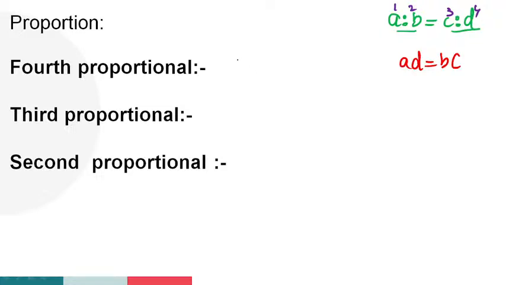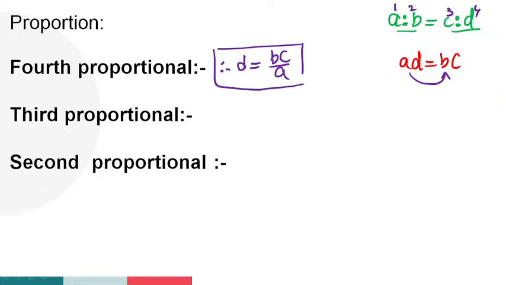So the fourth proportion formula: D is equal to BC by A. For example, the question is like this: 2, 3, 4. Find out the fourth proportion. Take them as A, B and C, and we have to find the fourth proportion.